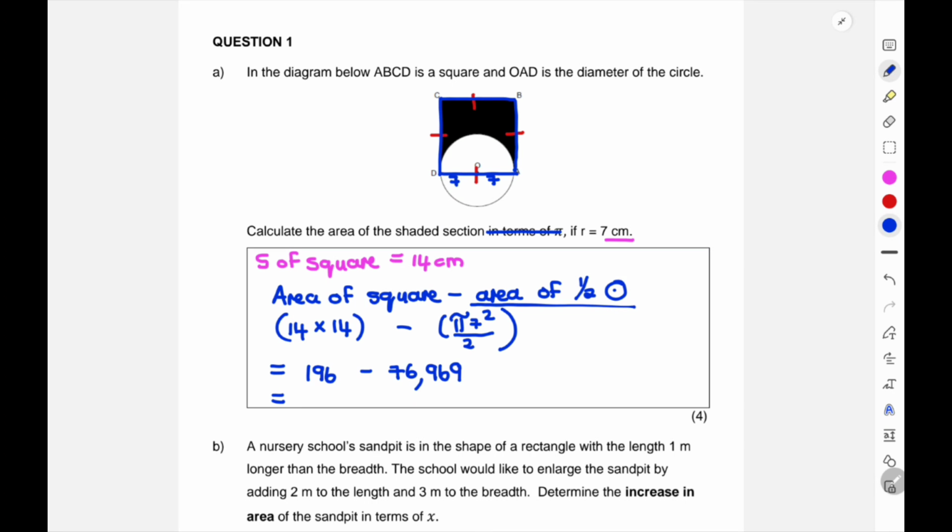If you subtract that, I'm locking it in as my answer: 196 minus that gives you 119.03098. And normally with the IB exams, they ask you to round off to the nearest 1 decimal place, which will then just make this answer 119 centimeters squared.